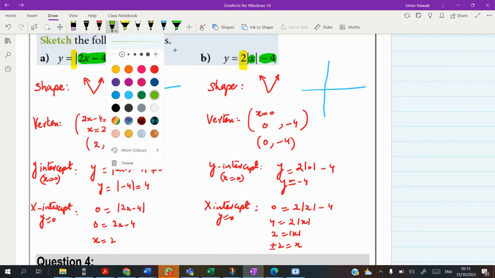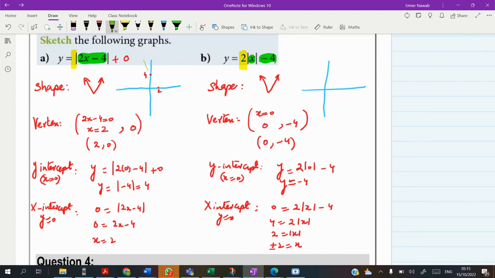I'm ready to draw the graph now. So this is your sketch for the absolute function 2x minus 4. Our x-intercept was 2, which is already shown over here.